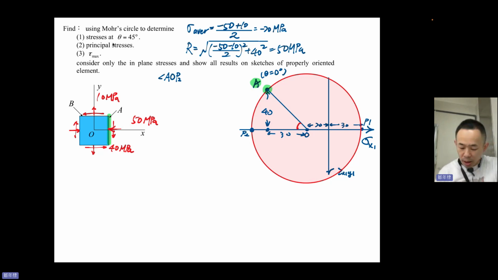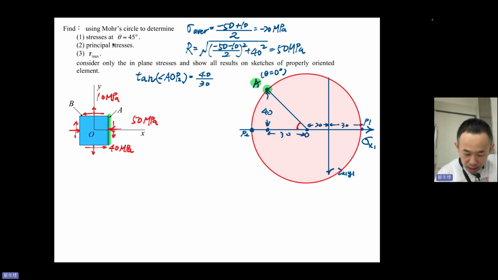Can we do that? Yes, actually we can do that. We can follow the tangent AOP2, which is equal to 40 divided by 30, right? So tangent AOP2 angle equal to 40 divided by 30.